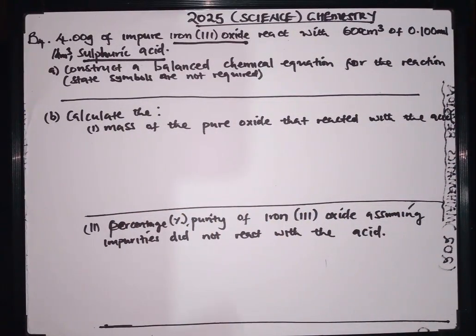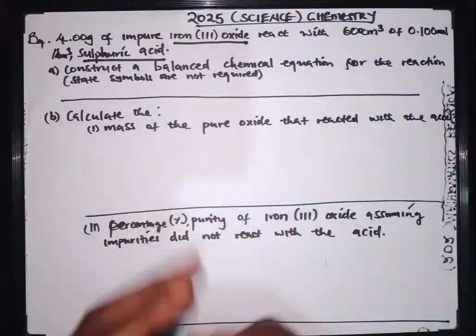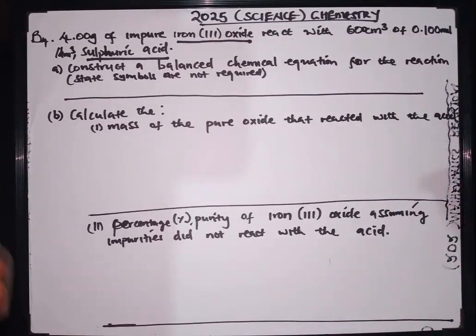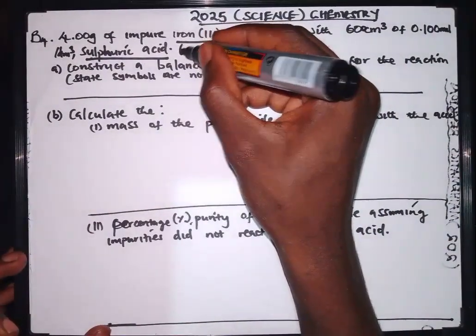Now that you have identified the reactants, the second stage is you need to write the chemical symbols for the two reactants.